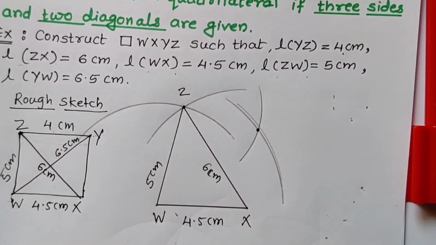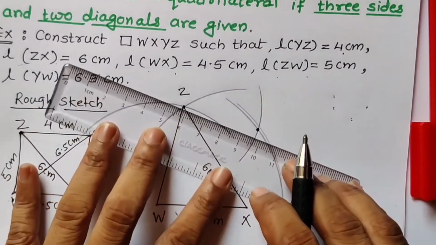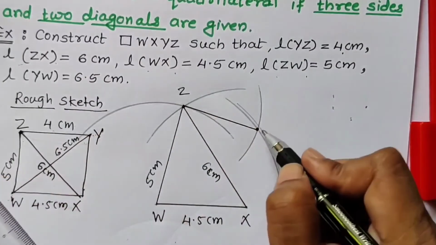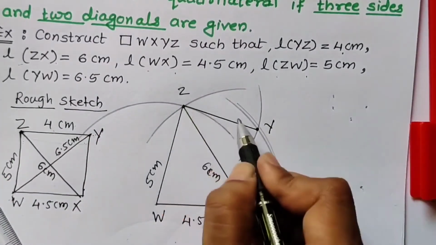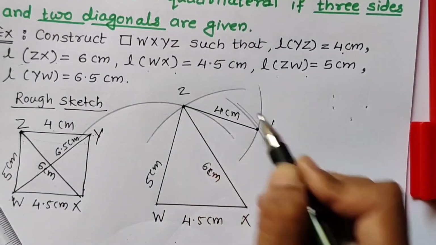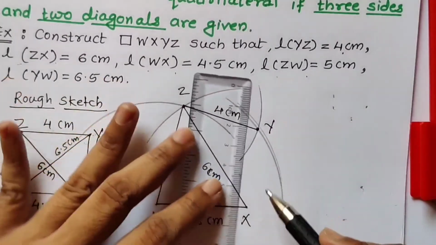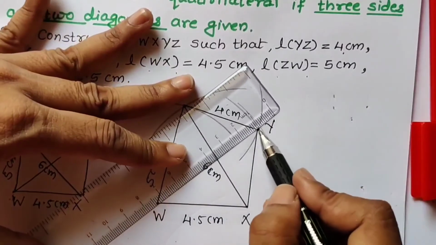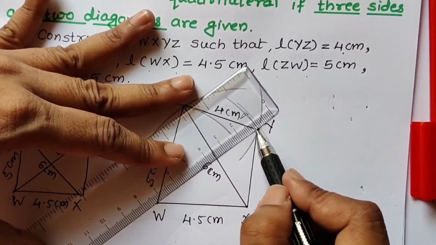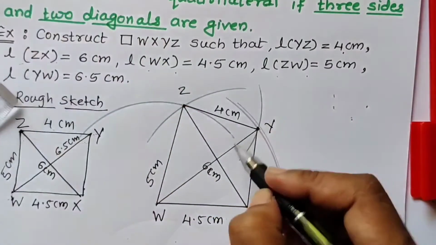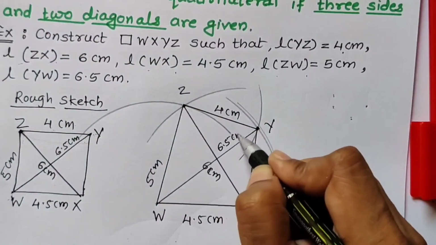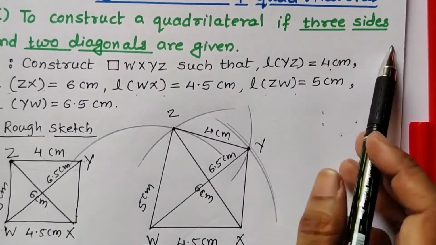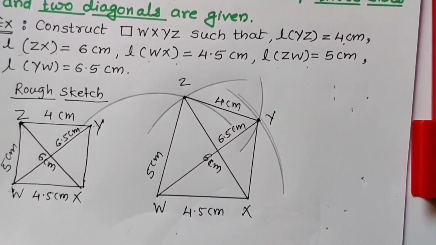Make the point dark and then join Z with this point. This is our point Y. ZY is 4 centimeter. You can join this YX also, and we have to draw this second diagonal YW which is 6.5 centimeters. So in this way you can draw the diagram when 3 sides and 2 diagonals are given.